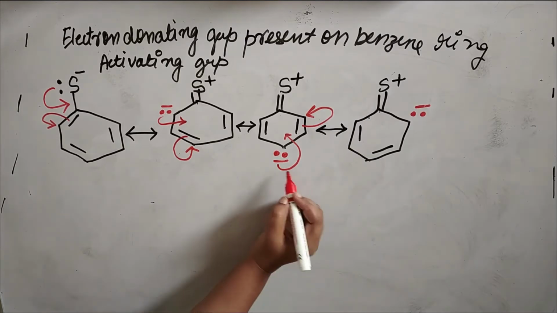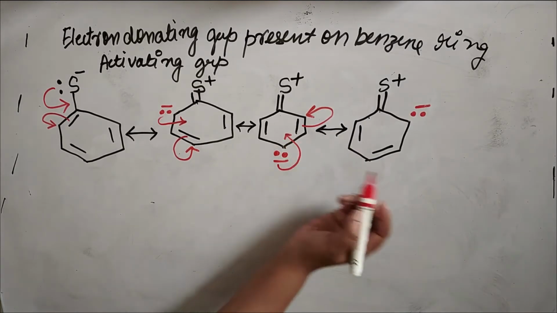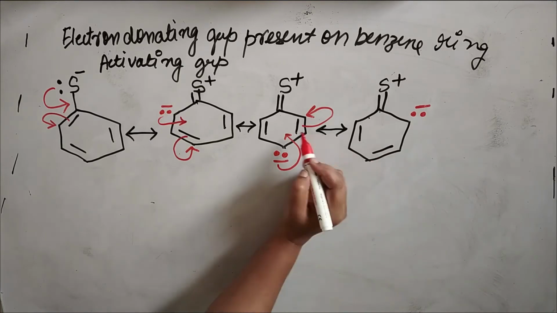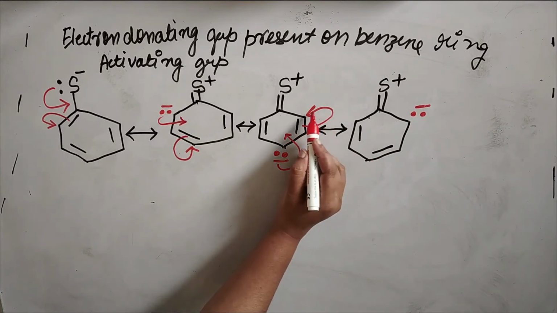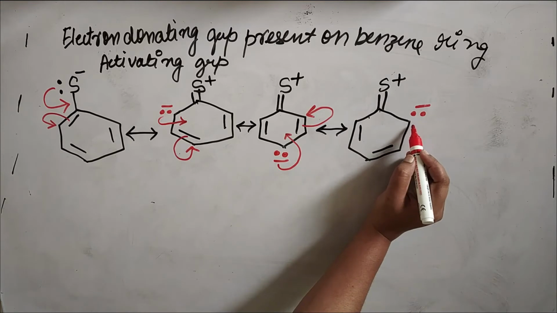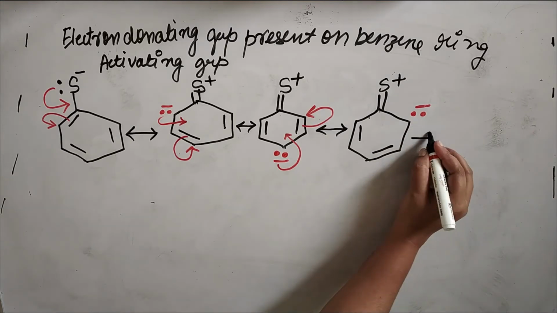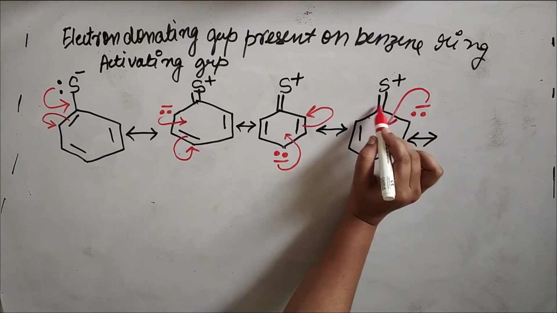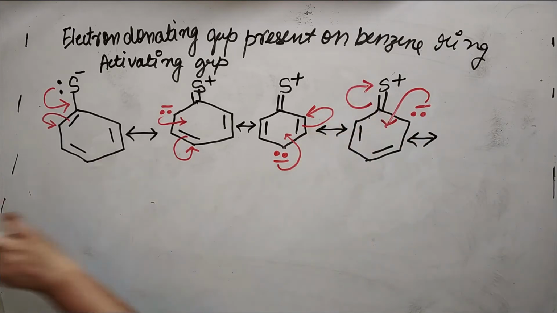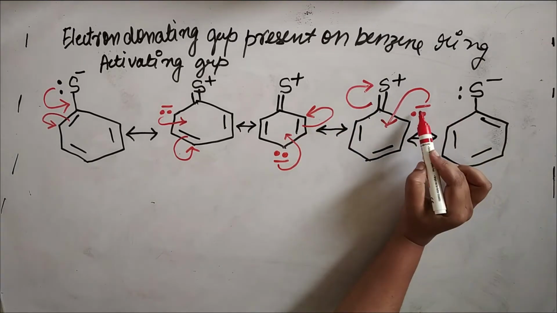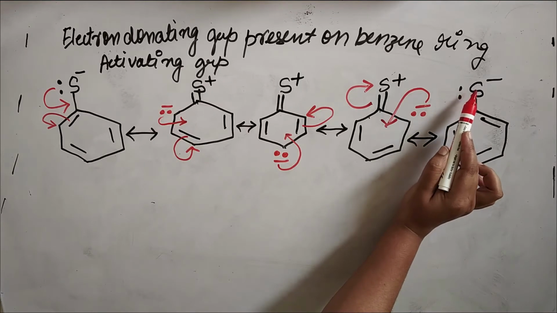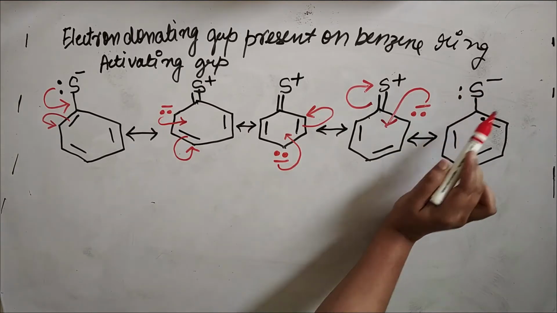When these electrons enter inside the ring, this bond is formed, and this double bond will break and electrons will go to the ortho position. In the next case these electrons again enter and this double bond has to break. Again these electrons move here and the substituent gets a negative charge.